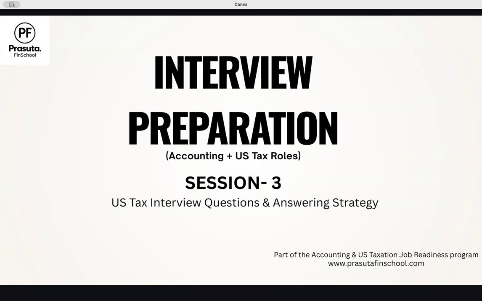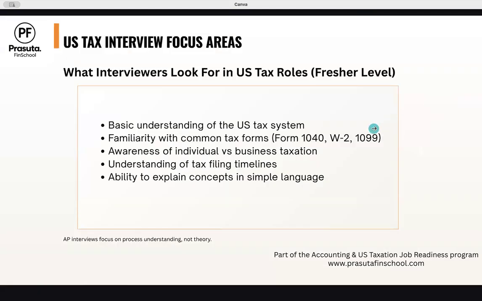So let's understand how to answer questions strategically in a US tax interview. What do interviewers look for in a US tax role for fresher or entry level roles? Basic understanding of the US tax system. No interviewer expects you to know each and every aspect of US taxation.